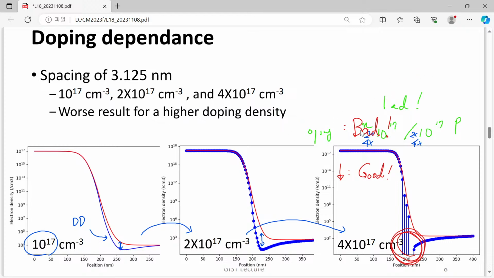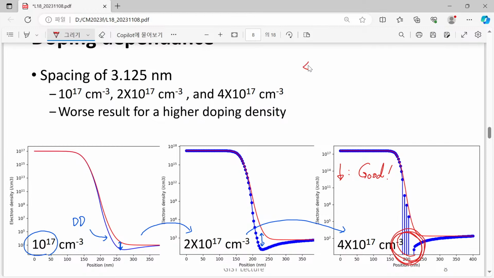So let me consider these two cases. What is the fundamental candidate cause behind these two, delta x and doping? Doping can be represented as electrostatic potential, because you know the relation between doping and electrostatic potential.